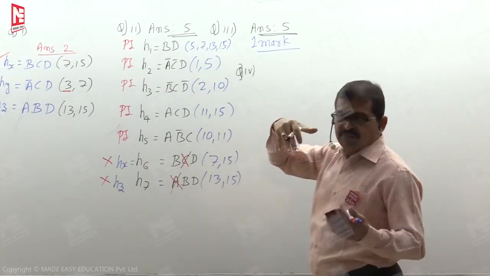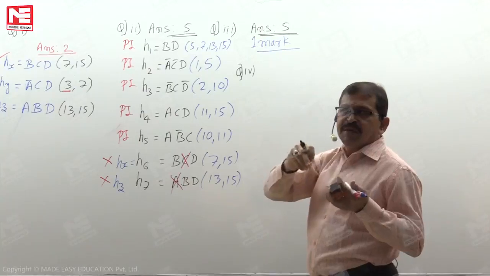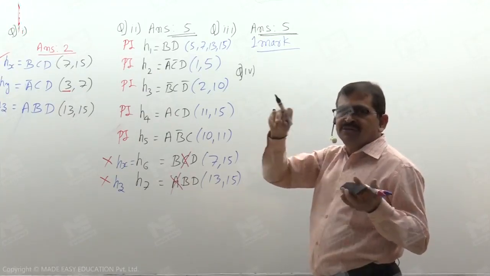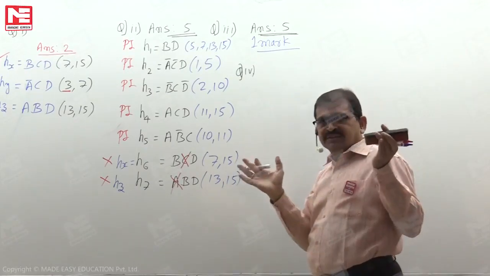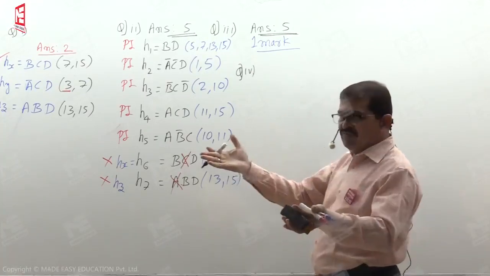This may come as a multiple choice question: for the given function f of ABCD, the prime implicant set is one of the options A, B, C, D. Each option will have some product list, and we need to identify which product list results in the prime implicants, using the work we did here.